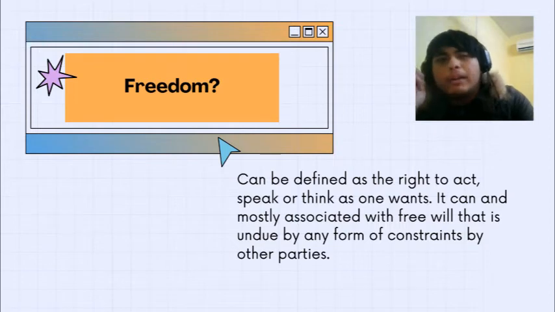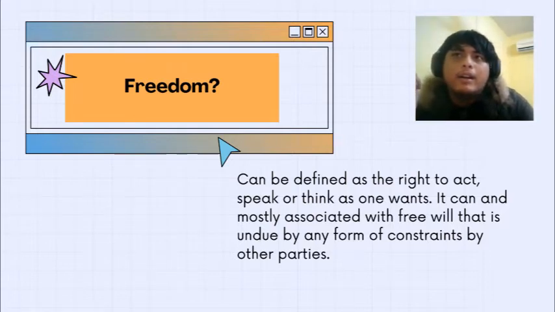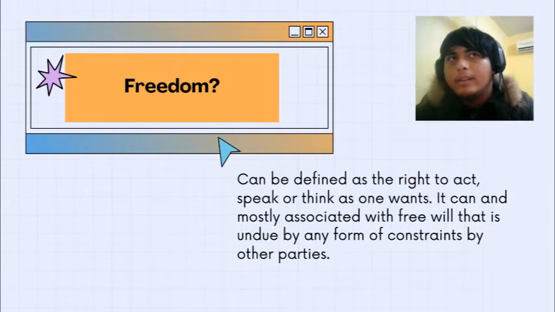So, when the French Parliament decided to pass this bill, was it really to give freedom to Muslim women, or basically infringing their right to express themselves?